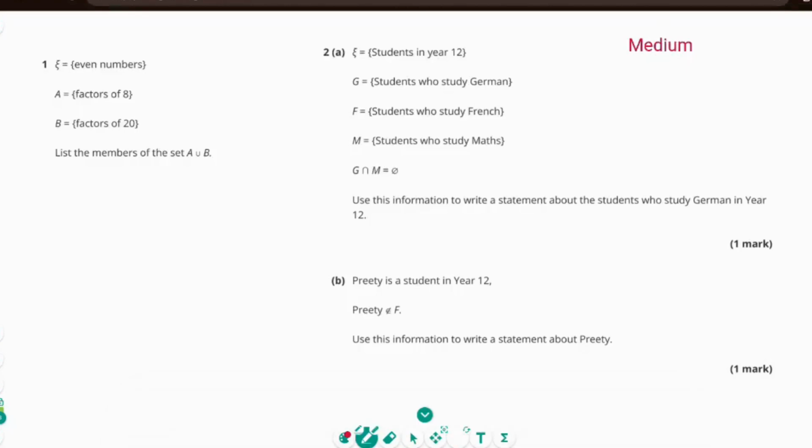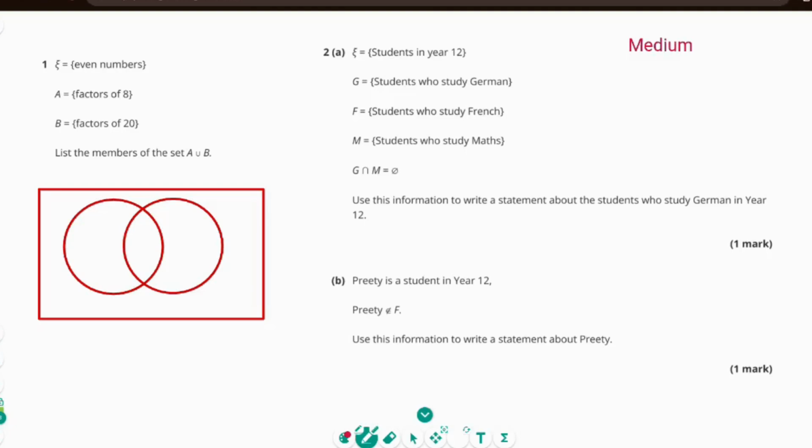Okay, so let's look at these medium set of questions now. So we've got the universal set is even numbers. A, factors of 8, and B, factors of 20. So I'm just going to list the factors of 8 next to A, but we only want the even numbers.